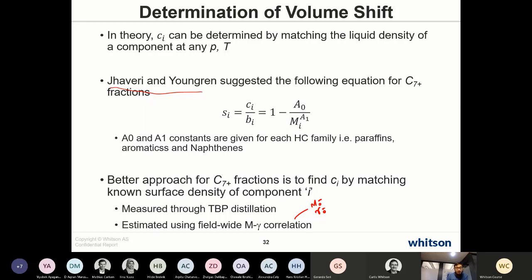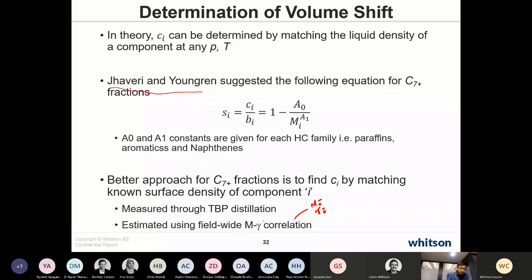So those are the surface oil densities we generally have, and we can try to match that data, those average numbers that we get from the lab, and come up with some kind of correlation that's tuned to this limited data that we have.